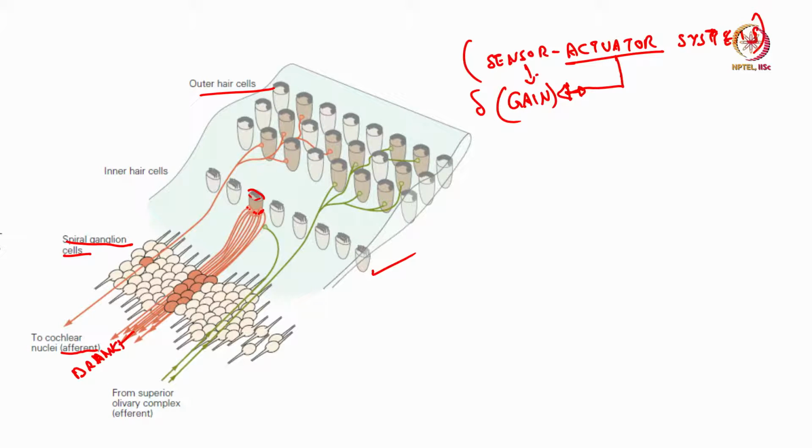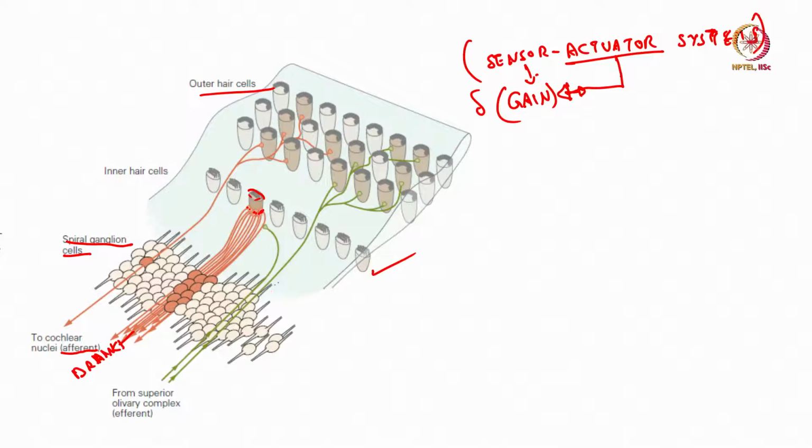What actually happens is you can change the sensitivity of these cells. You send an input and change the gain. A change in gain can reduce amplification or increase amplification.